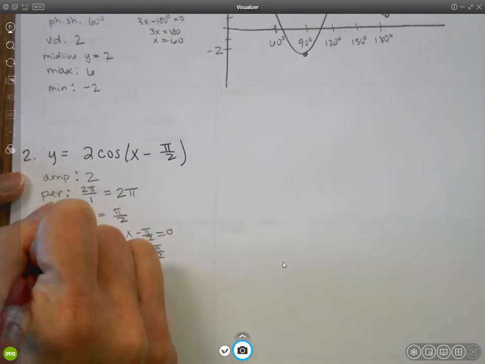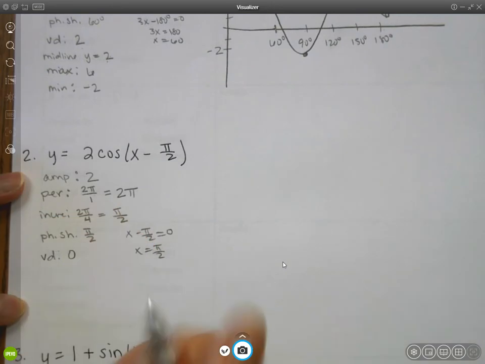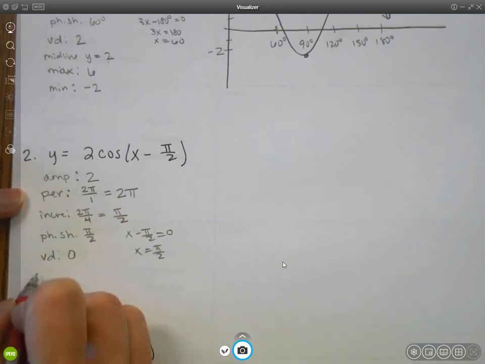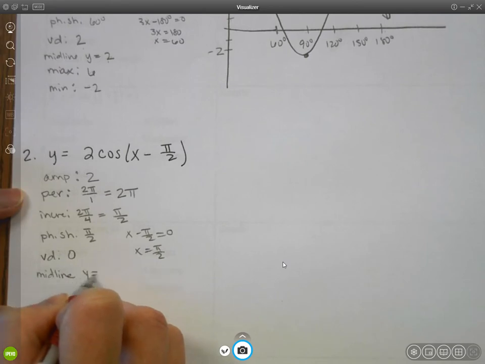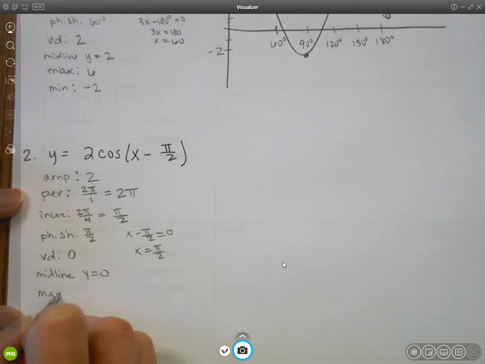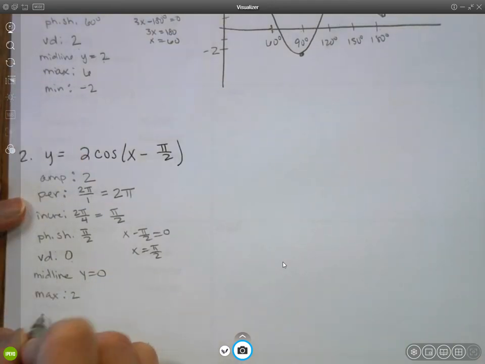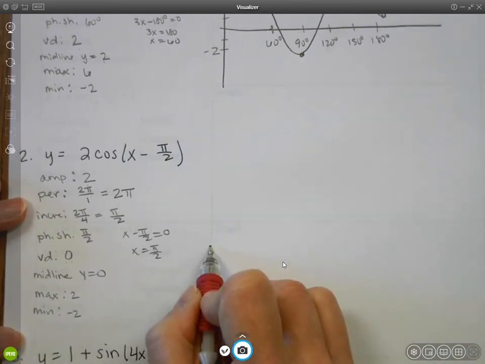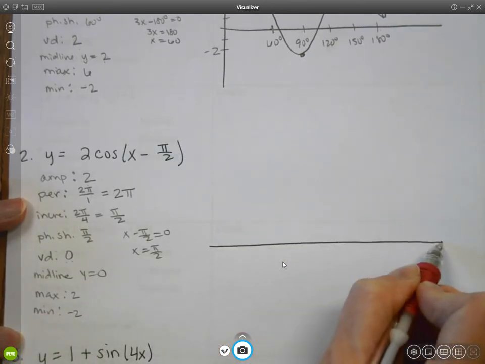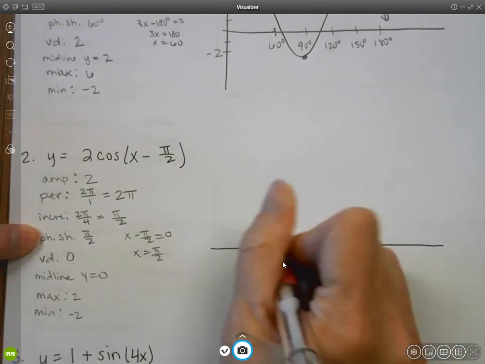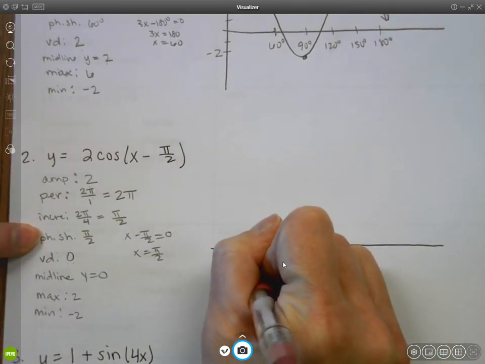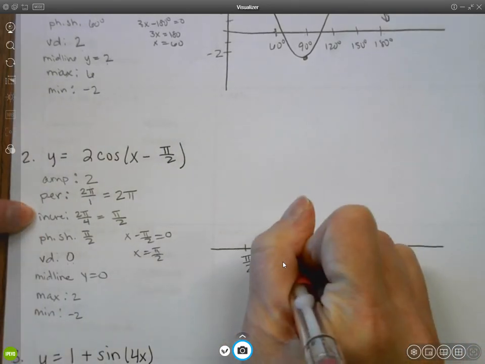Then we have vertical displacement, and there's an extra number here, so this one's 0, which means your midline is going to be y equals 0. Your max will be 0 plus 2, so 2, and your min will be 0 minus 2, so negative 2. All right, your x-axis, start with your phase shift, add your increments 4 times.